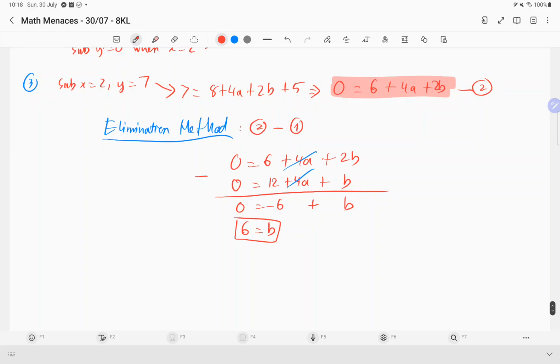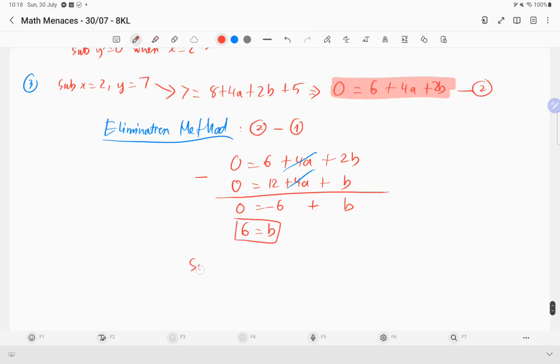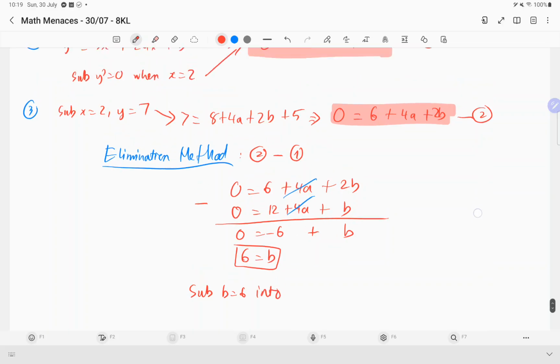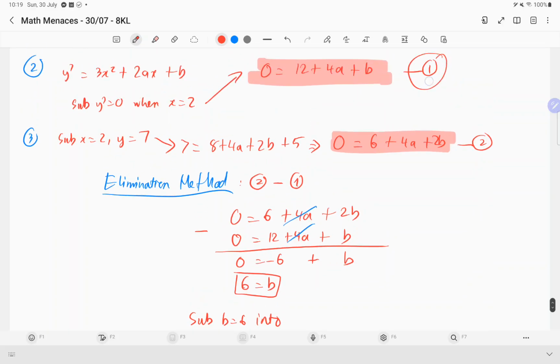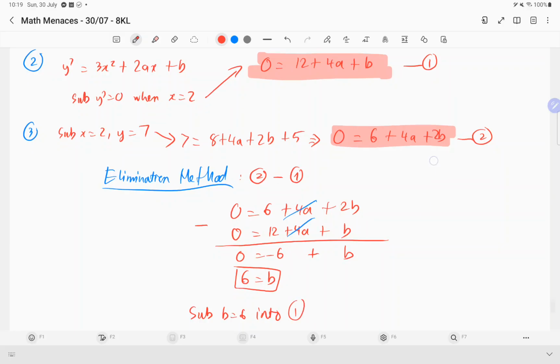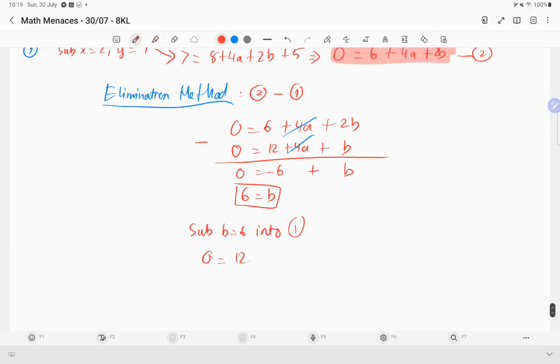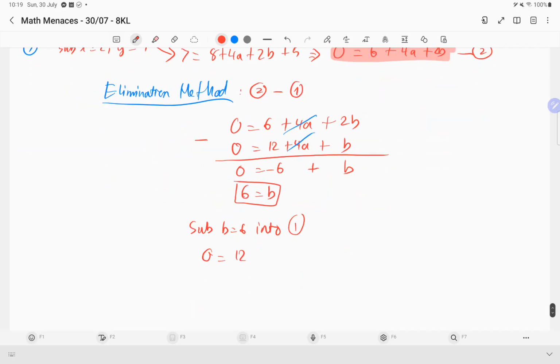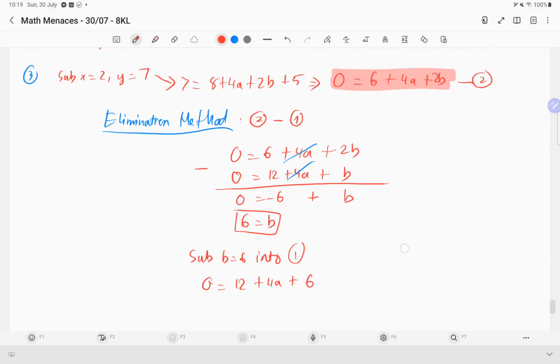Yeah. Okay? Yep. And then you substitute that into any equation. So you sub b equals 6 into any equation. I will choose equation 1 here. So I will get 0 equals to 12 plus 4a plus 1b, which is 6.